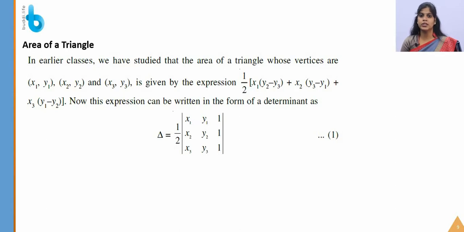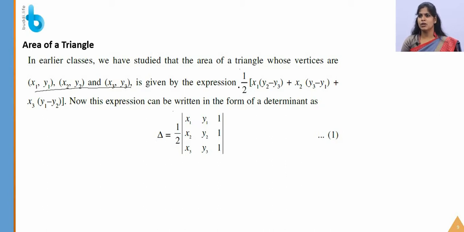Next important application of determinant is finding the area of a triangle. See, in previous classes we would have learned a formula for finding the area of a triangle when three vertices are given.